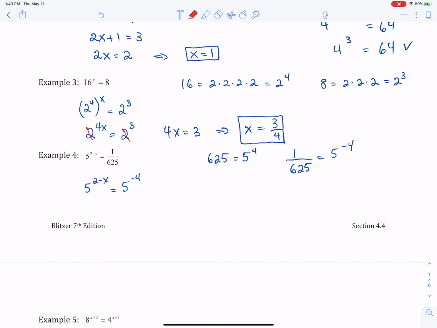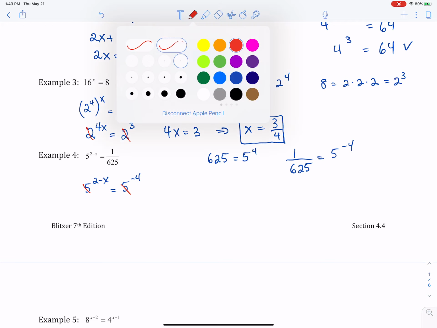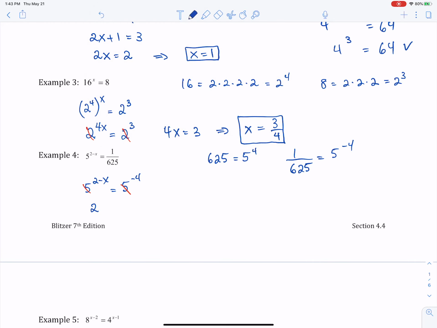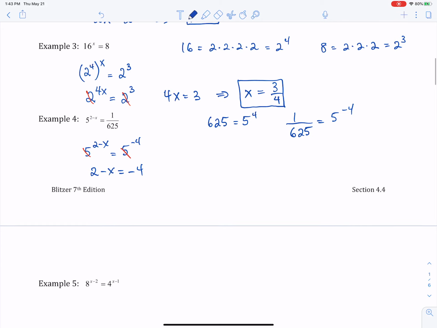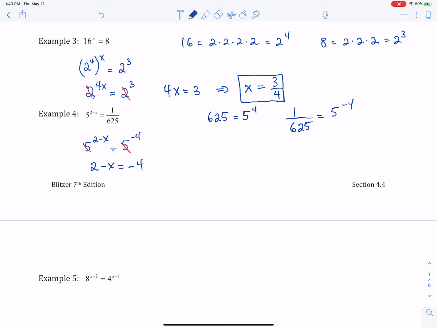Again, the base is the same, so we can remove the base and solve the equation. 2 minus x is equal to negative 4. We subtract 2 from both sides. Negative x is equal to negative 4 minus 2, or negative x is equal to negative 6. Divide both sides by negative 1, and we end up having x is equal to 6. And that's our final answer.